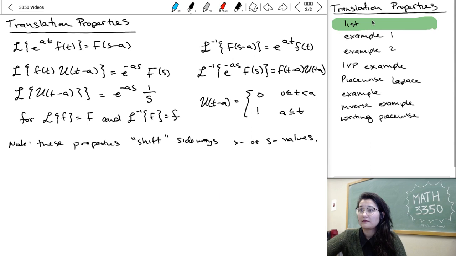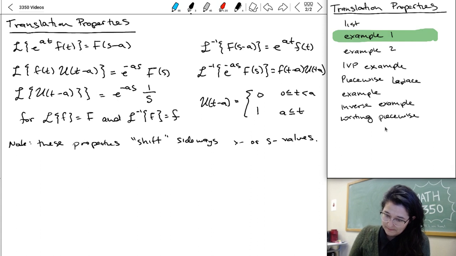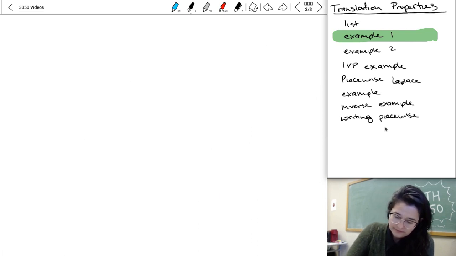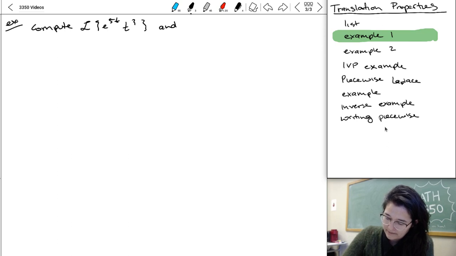We're going to go into our first example of using one of these properties. I'm going to go to a new page because I don't want to run out of space in the middle of it. So if you're still copying down the properties, hit pause. But supposing we want to compute the Laplace transform of e to the 5t times t cubed, or the Laplace transform of e to the minus 2t cosine 4t.